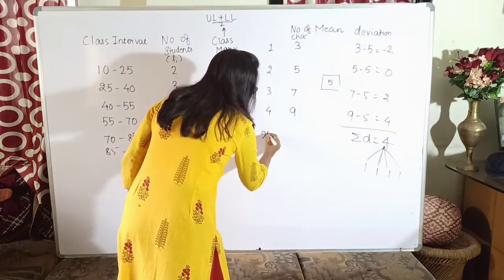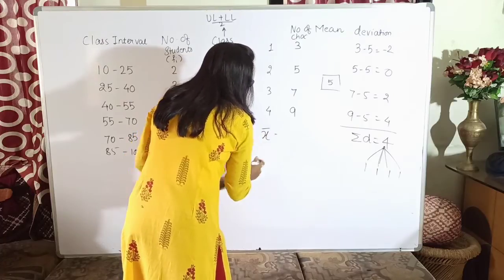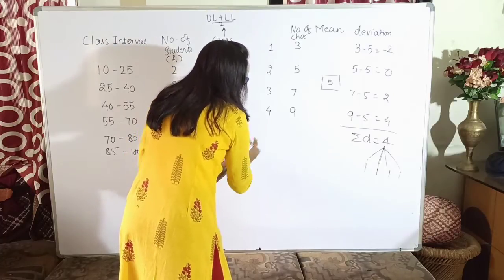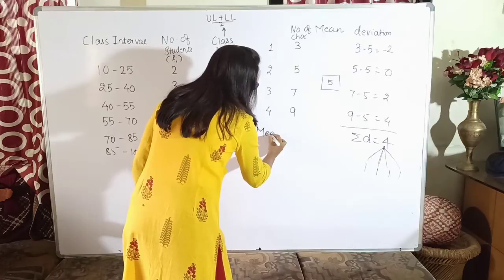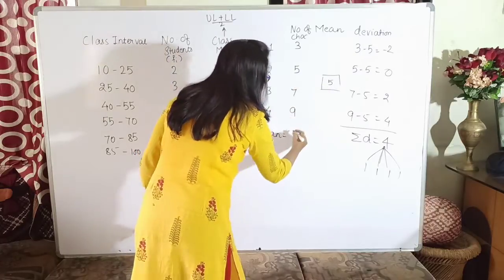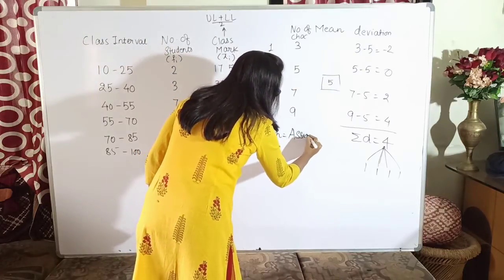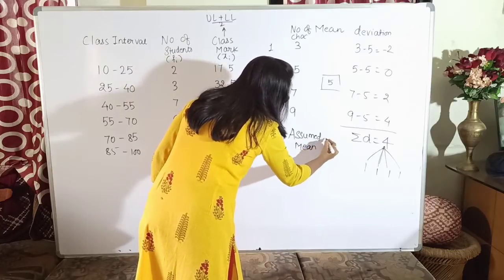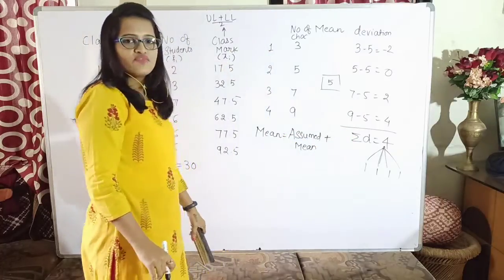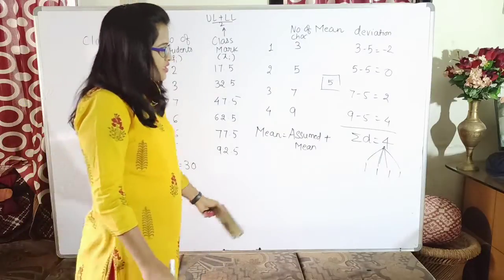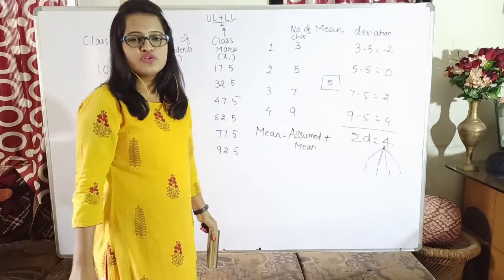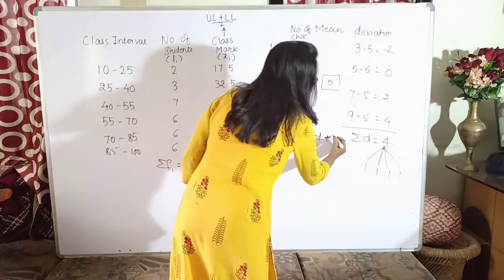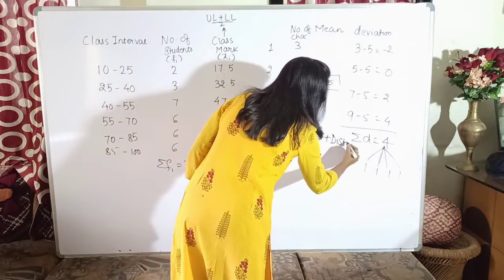So now let me write down in a statement: therefore my mean value will be whatever I assumed, plus the deviation summation value that I have got, again distributed among the children. So plus distributed value.